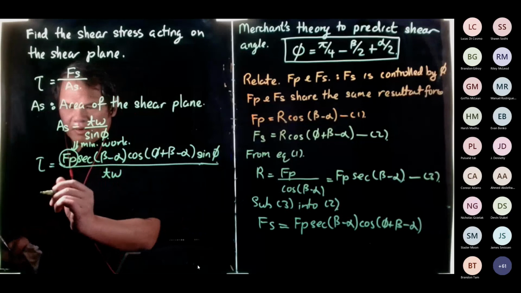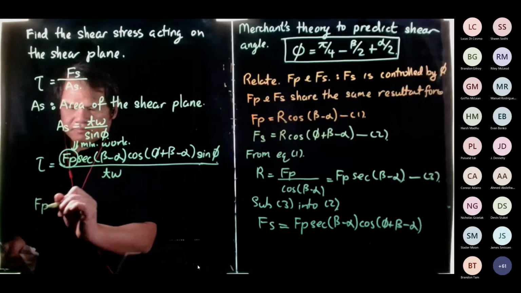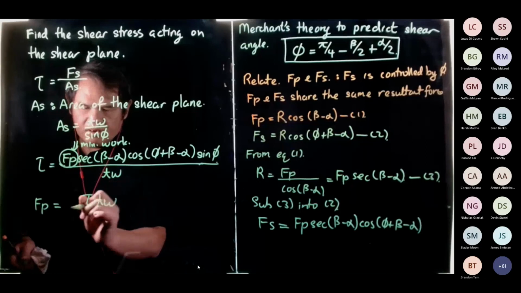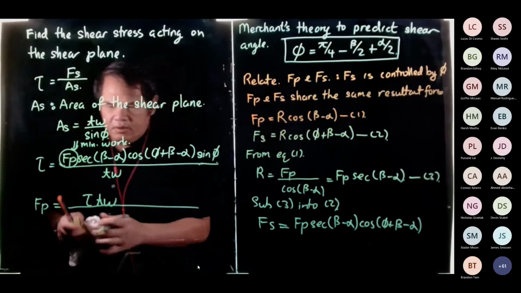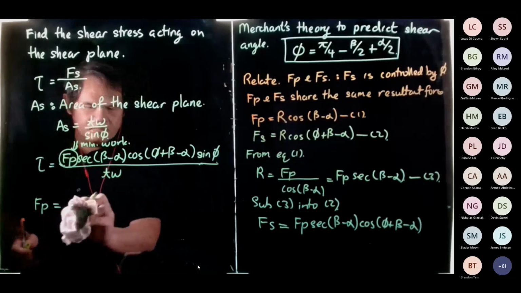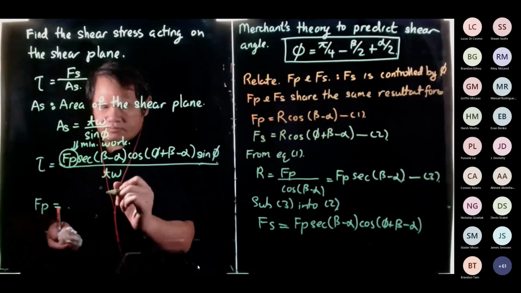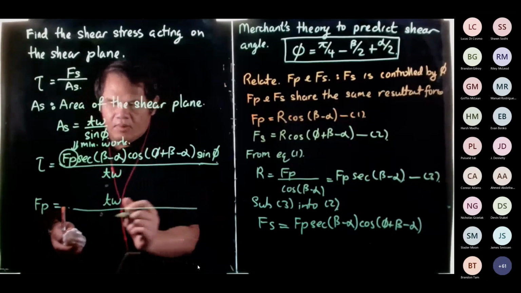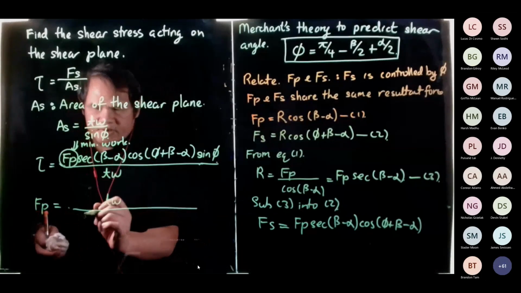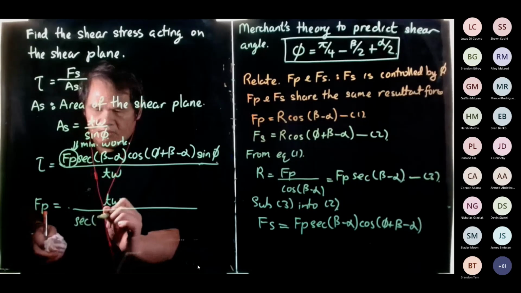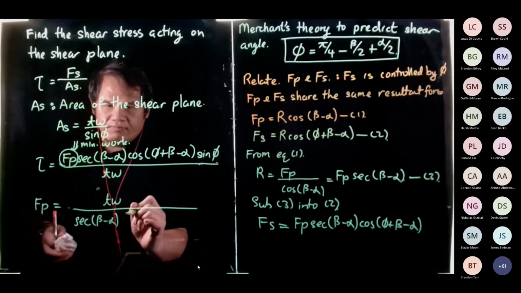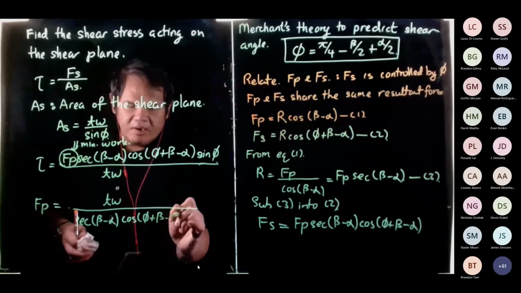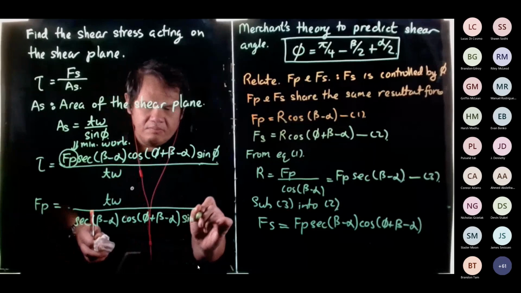So he wrote down that Fp is equal to the shear P omega over secant beta minus alpha cos phi plus beta minus alpha and sine phi.